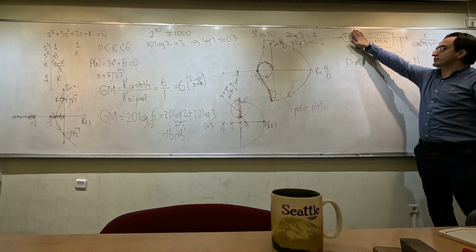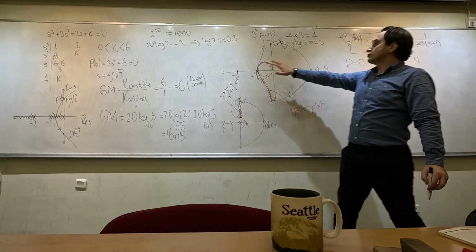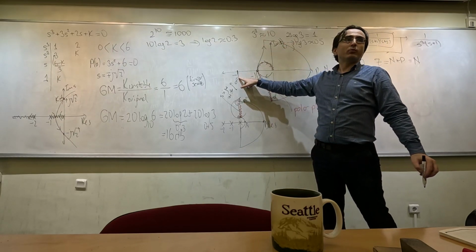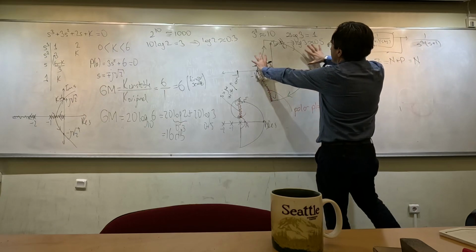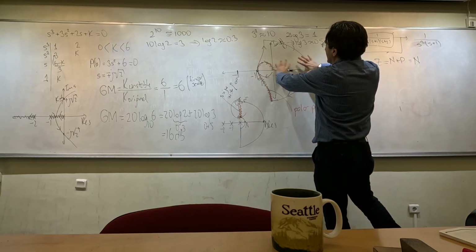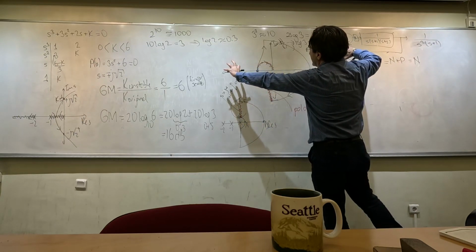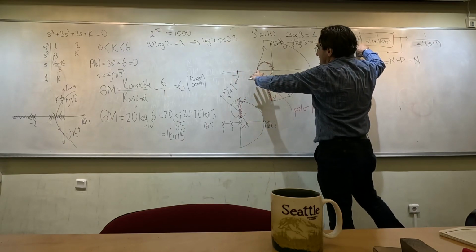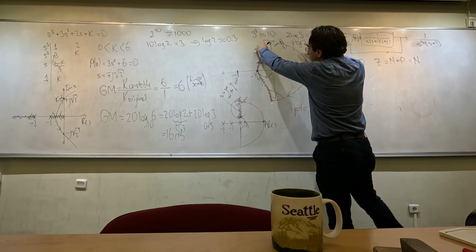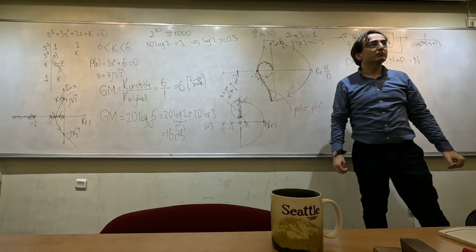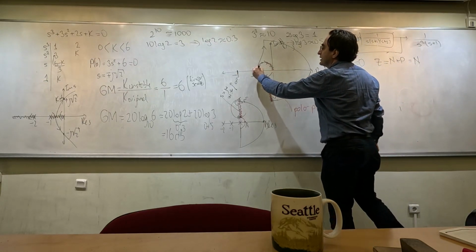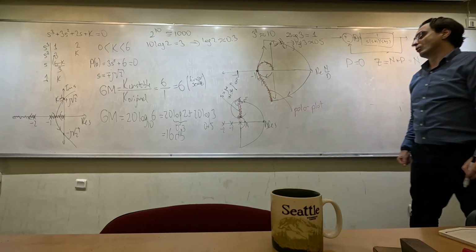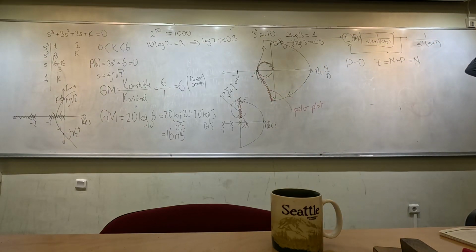In the original system, K is equal to 1, so no encirclement of the point minus 1. But as I increase K, this Nyquist plot is going to be scaled up and get larger and larger. And if the gain hits K is equal to 6, we're going to start encircling the point minus 1. And that minus 1 is determined by such a point on the Nyquist plot.